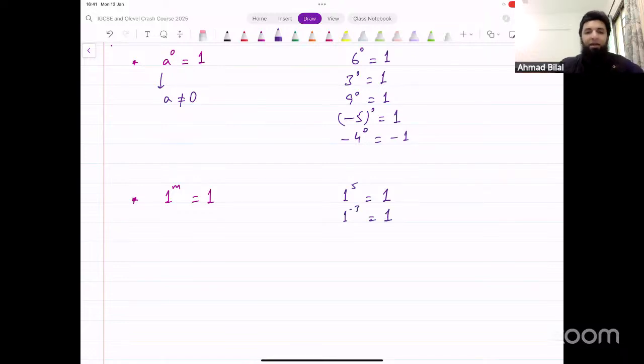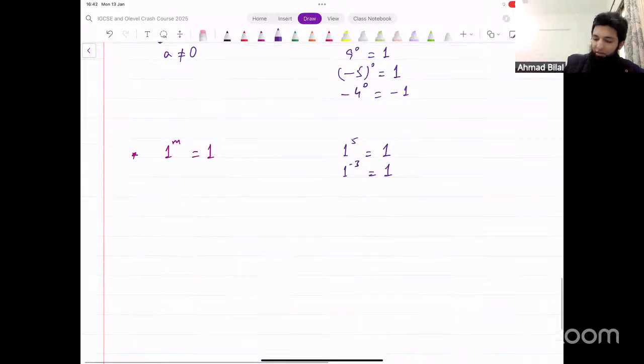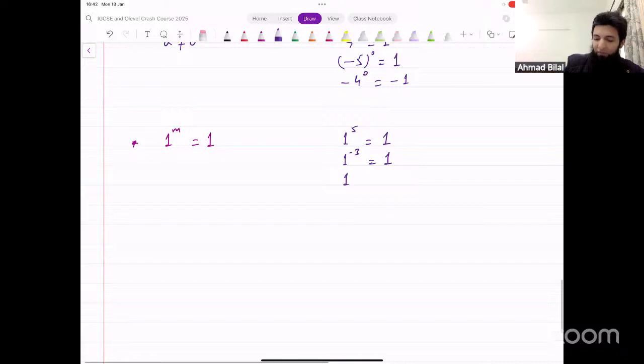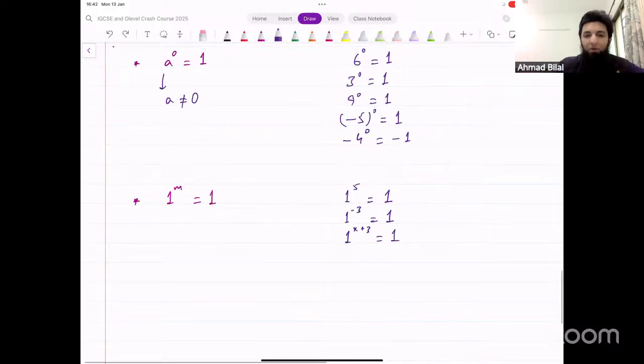Anything that comes as a power of 1, the result is always equal to 1. If you have anything in terms of x in the power, for example, 1 raised to power x plus 3, whatever that is, this is going to be equal to 1. So 1 raised to power anything is going to be equal to 1.